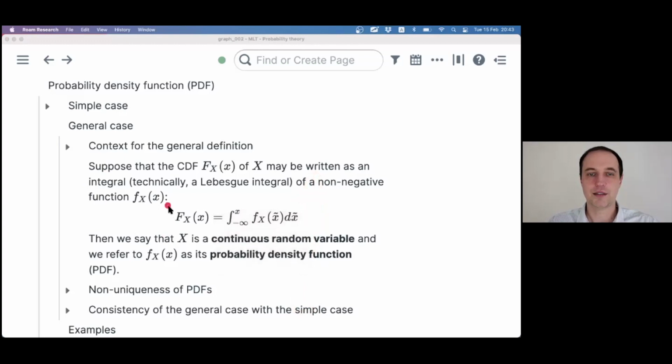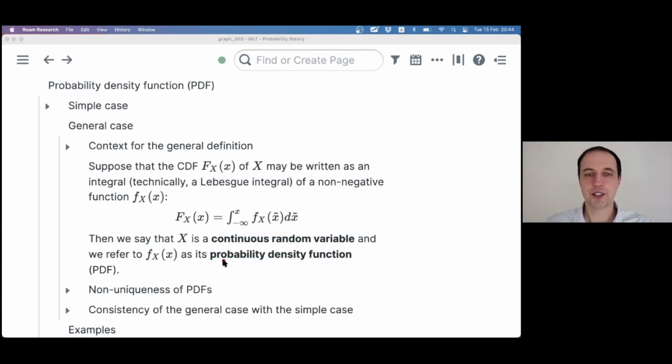Let's assume that the CDF, capital F, can be written as an integral of something. So it will be an integral from -infinity to this lowercase x of a function that we can call f of x, a lowercase f.